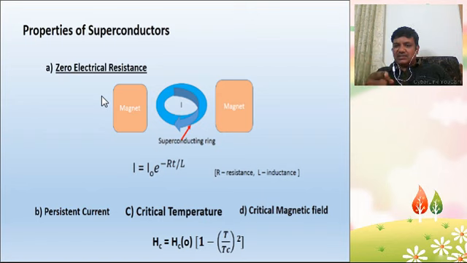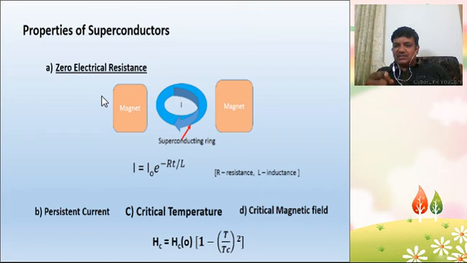The second thing is that this property, the repulsion of magnetic fields from a material, is unique, and there is an application called maglev, that is magnetic levitation. So you have maglev trains, and this is one advantage of the Meissner effect.